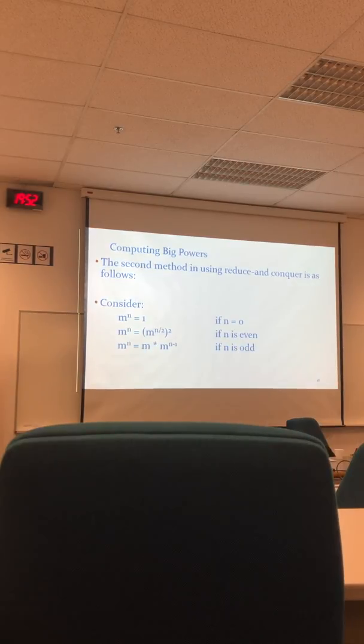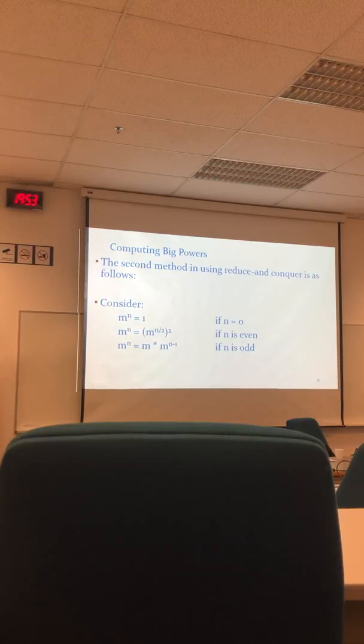If it's odd, we cannot divide by 2. We cannot do it this way. So if it's odd, we go down by 1 first. So that means if it's even, we reduce the degree by half.